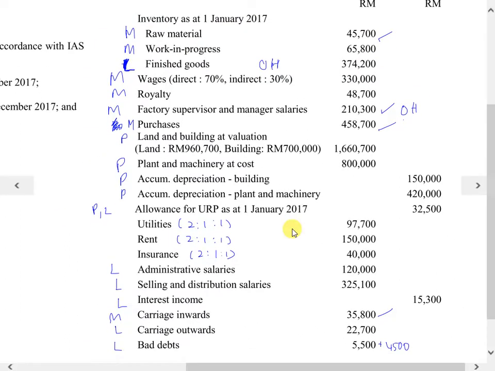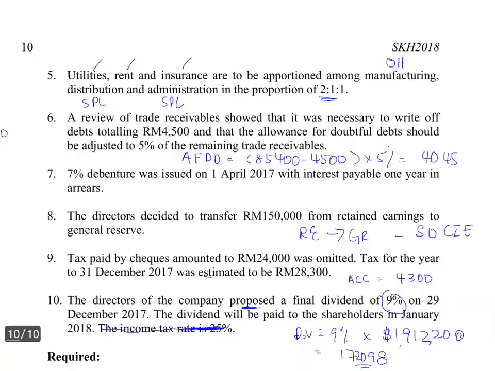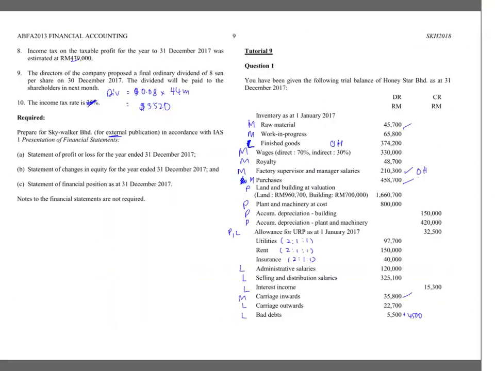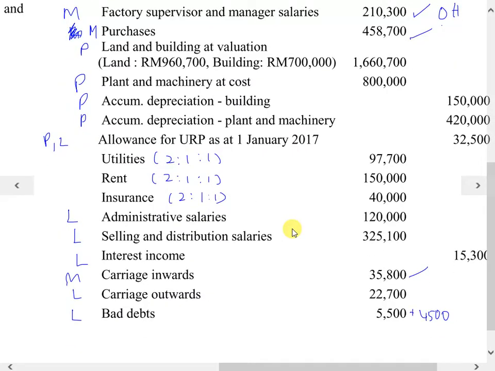Now, utility, rent, and insurance. Note 5. Utility, rent, and insurance are to be apportioned among manufacturing, distribution, and admin in the proportion of 2:1:1. Manufacturing means overhead 2, distribution 1, admin 1. So these three expenses need to be apportioned 2:1:1.